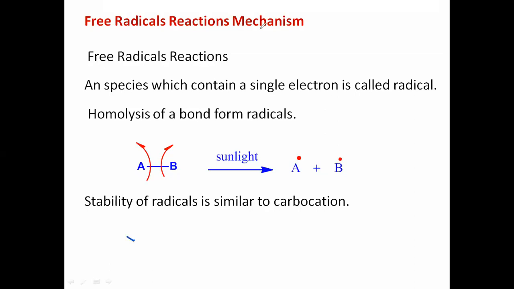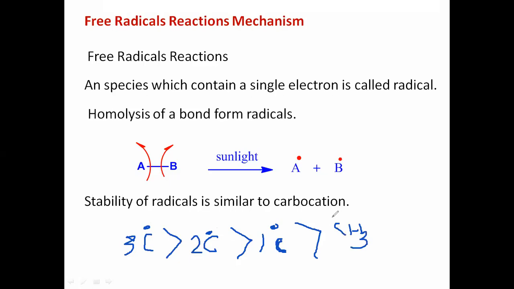Similarly, we can say tertiary free radical is more stable than secondary free radical, which is more stable than primary free radical, which is more stable than methyl radical.